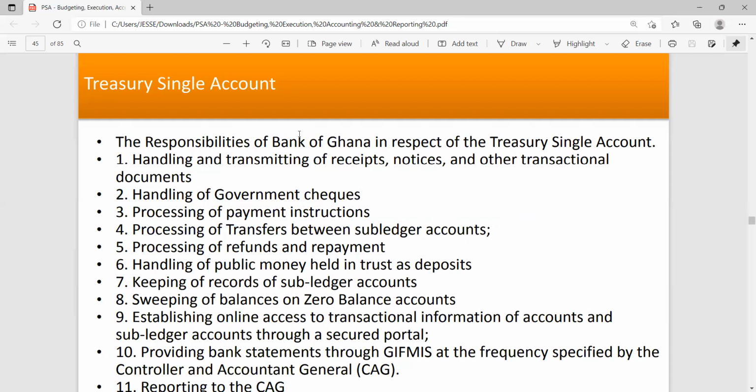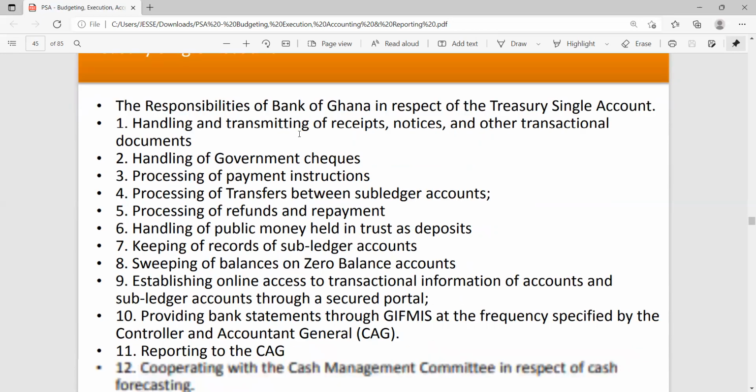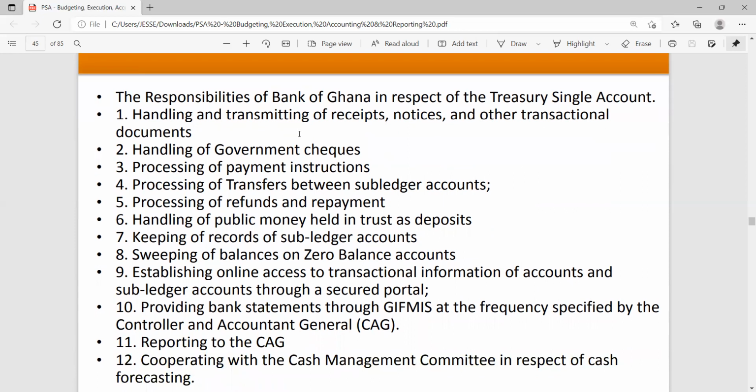The Bank of Ghana is also responsible for handling government checks. They're also responsible for processing of payment instructions. They also process transfers between sub-ledger accounts. The Bank of Ghana would also be responsible for processing refunds and repayments.